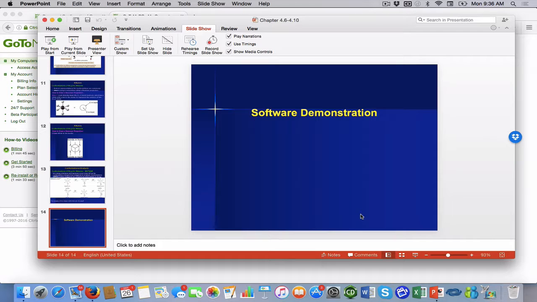Build and name that. How many carbons do we have? 8. How many rings do we have? So what's the name?